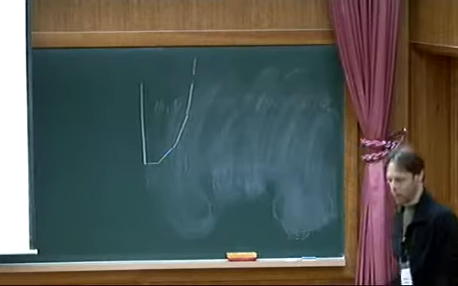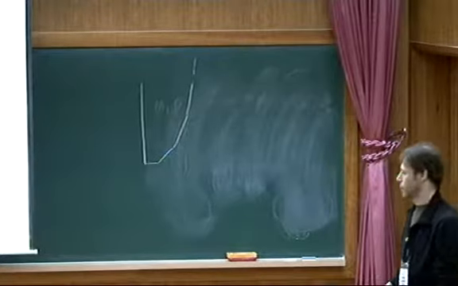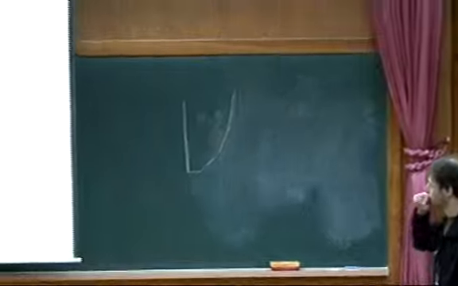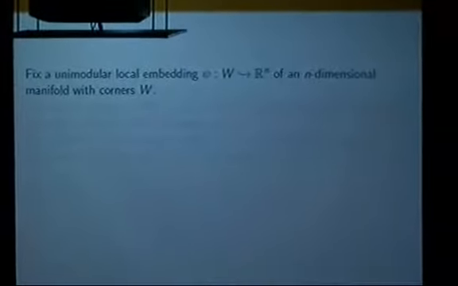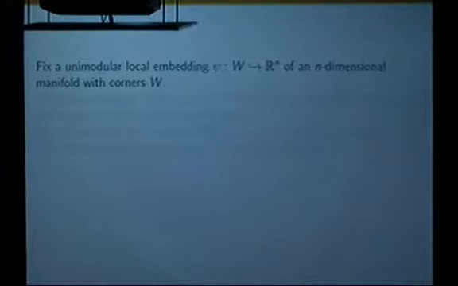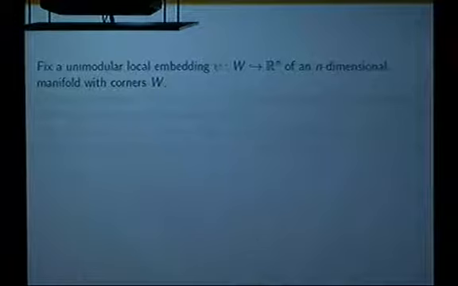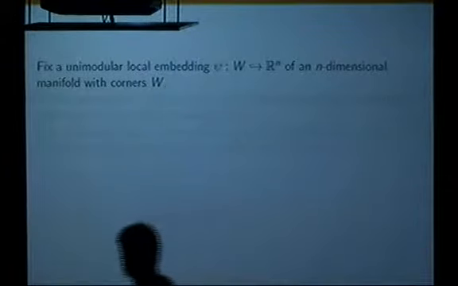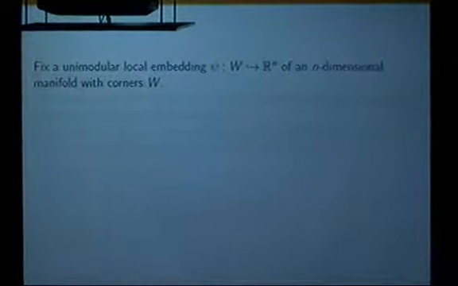So again, you need to do something. So the idea is, let's fix a unimodular local embedding, and let's just study the existence problem for one fixed embedding. So I'm fixing this. So I'm going to erase this. So this goes into R^n.